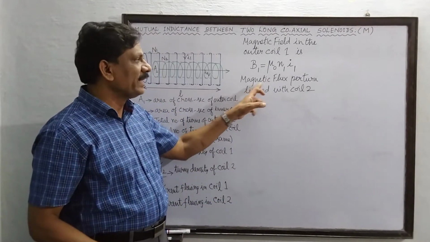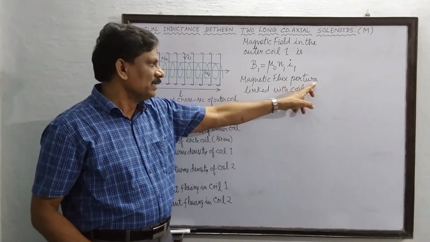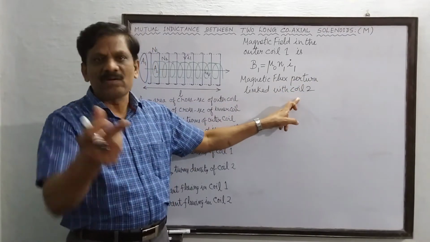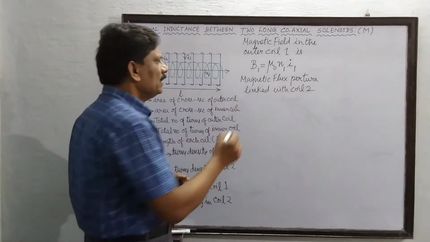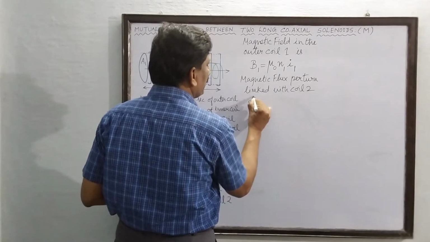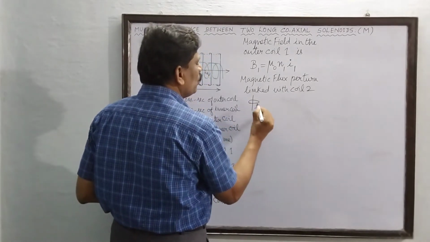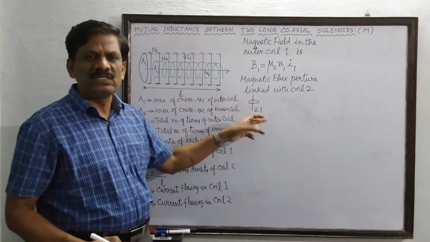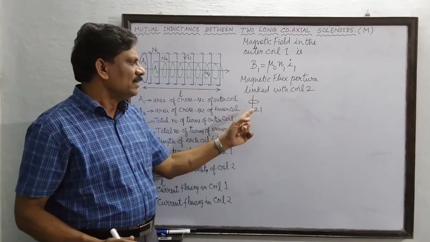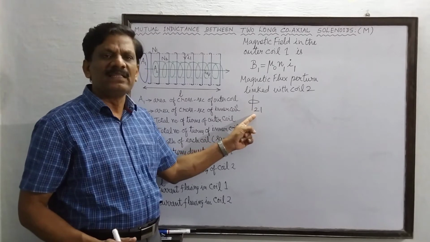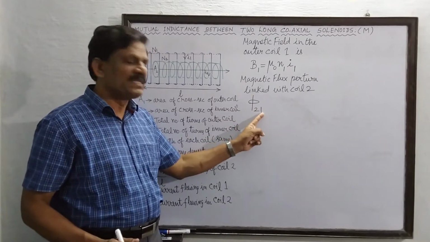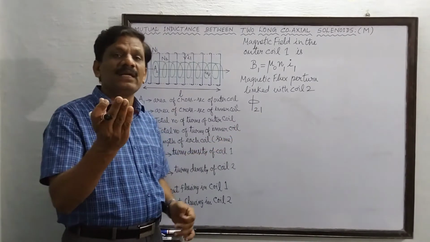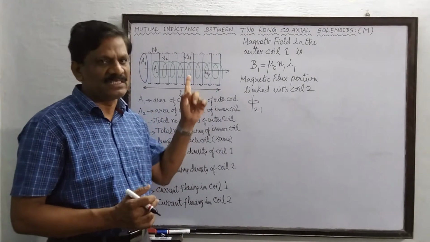Therefore I have to write the magnetic flux per turn linked with the second coil. This flux is denoted by phi 2 1. Phi 2 1 means what? There are two subscripts, is it not? Phi 2 means it is a flux linked with the second coil. The second subscript 1 means it is due to the current in the primary coil, that is the first coil.